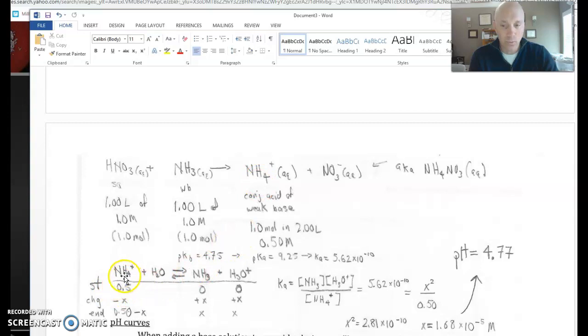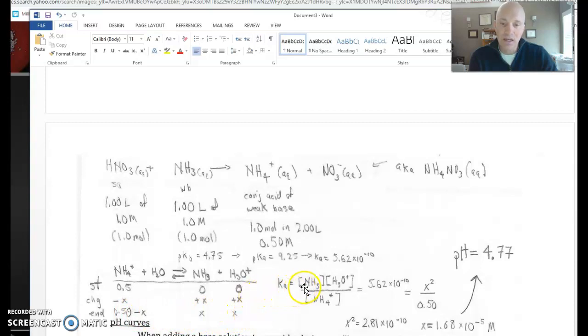No. When the ammonium ion gets formed, this reaction can start to occur. But we can still calculate what the ending pH would be as if this were to be the case. So let's consider this theoretical situation where we have 0.5 molar of ammonium ion and we haven't had the reaction occur yet. And then we can set up what the ending concentrations would be.